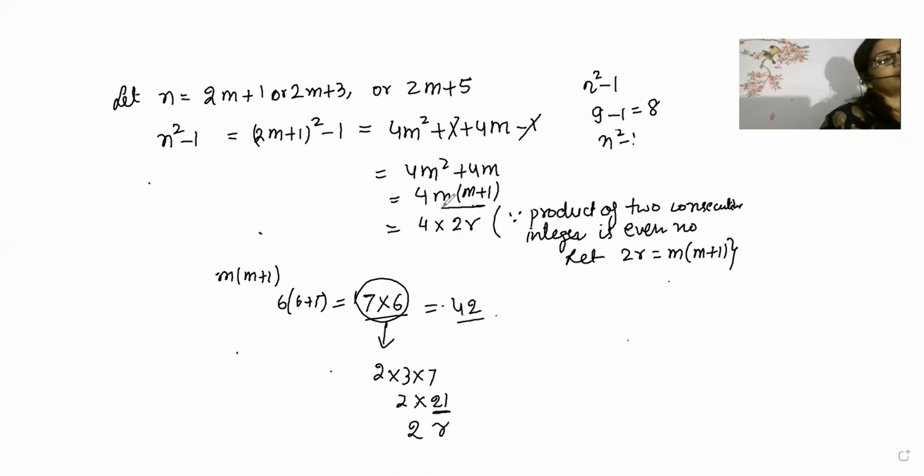Multiply and check it yourself. If you take m as 3, okay Sudarshan, then the other number will become 4. 3 into 4, and 4 is a multiple of 2. 4 is a multiple of 2, 6 is a multiple of 2. So 2 will come out, and whatever number is left, you can consider as r. Now, understood or not? Tell me.